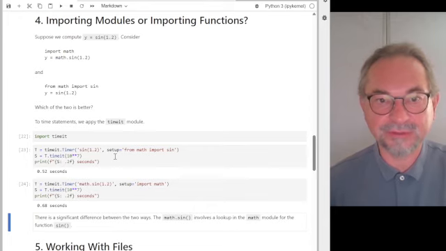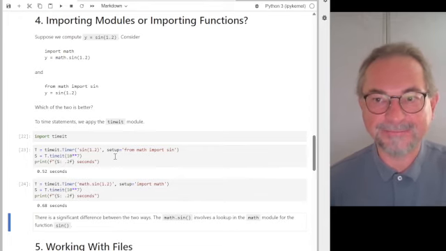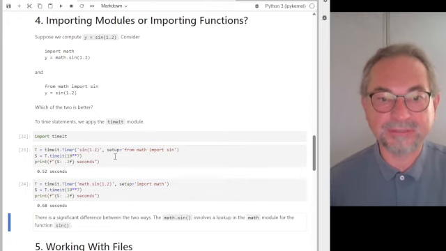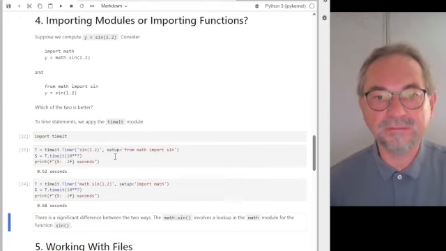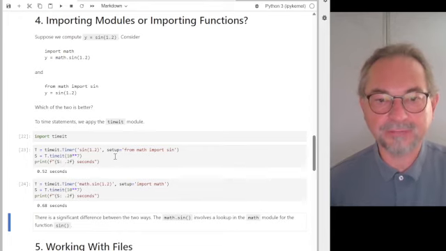Here I'm doing this 10 million times, and you can see there is a very substantial difference. In the previous example, we had 10%. Here we have 20%. So it takes 20% longer if you are doing math.sin after importing the math module.